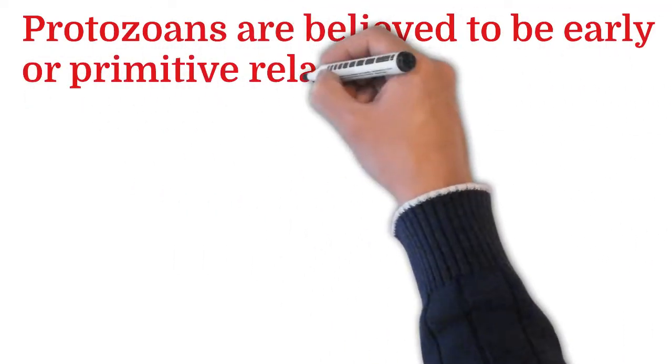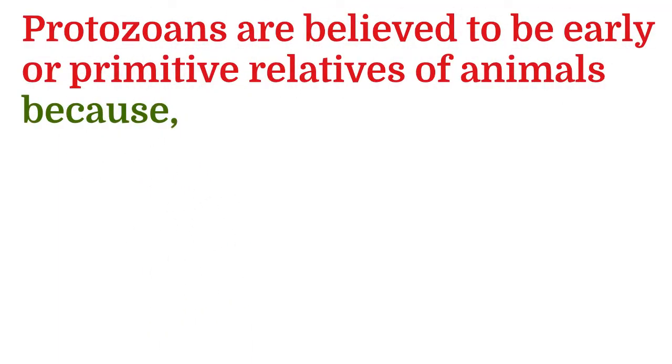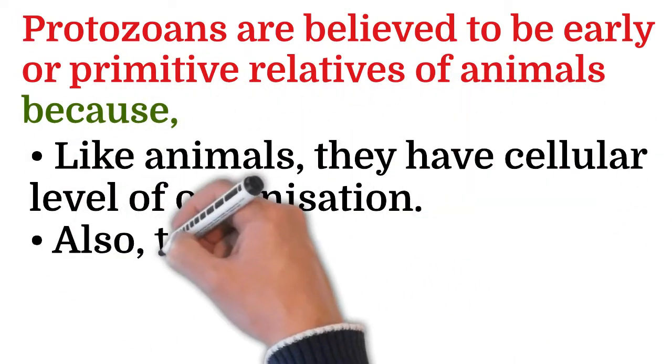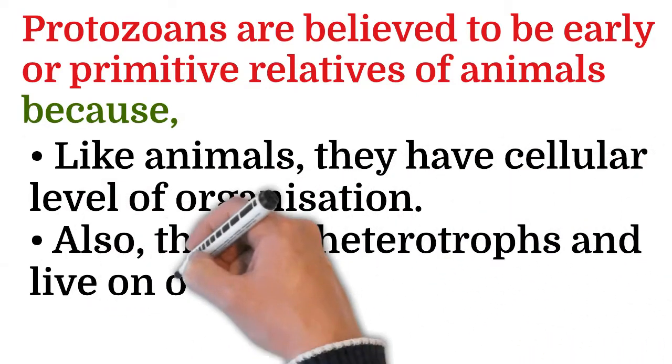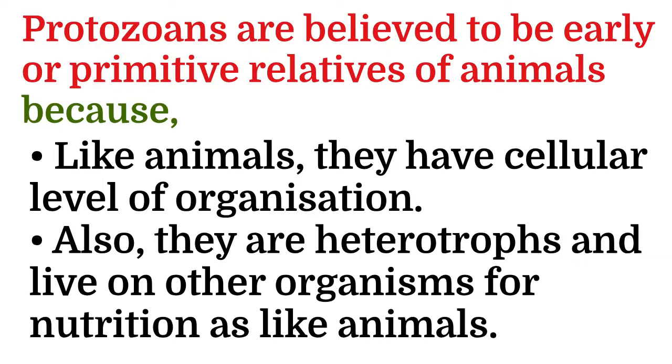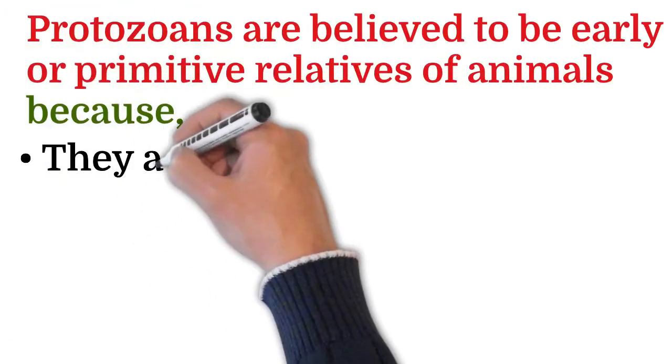They are believed to be early or primitive relatives of animals because, like animals, they have a cellular level of organization. Also, they are heterotrophs and live on other organisms for nutrition like animals. They are motile like animals.